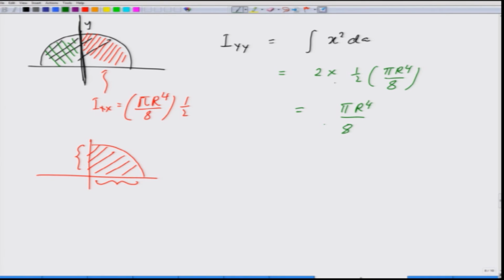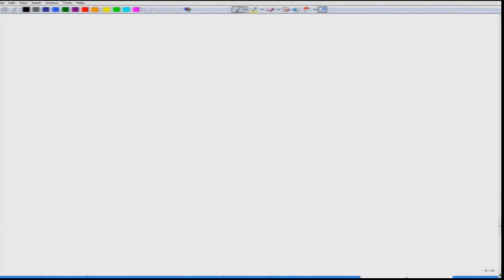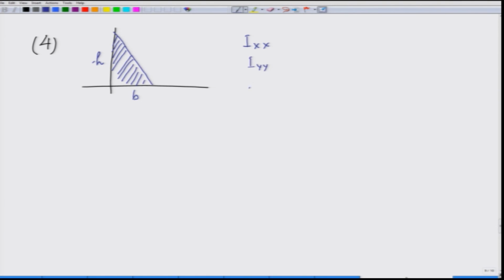As the final example, I am now going to do a triangle, and to keep things simple, initially I am going to take a right angle triangle of height h and base b and calculate I_xx, I_yy and I_xy for this.